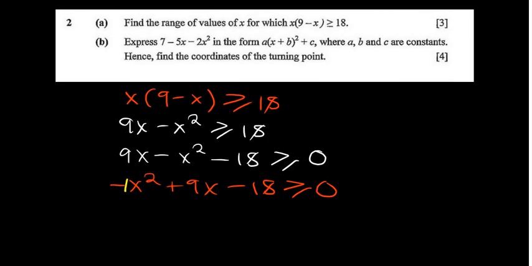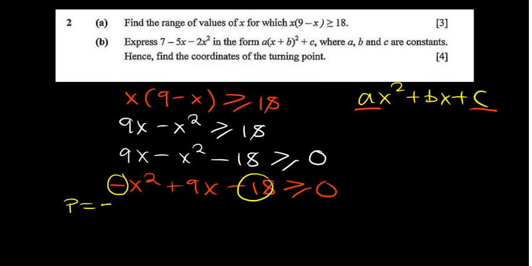Look at the coefficient of x squared every time, and then look at the constant c. We know a quadratic function is in the form ax squared plus bx plus c. So the product is a multiplied by c. A is the coefficient of x squared, in this case negative 1. So the product is negative 1 times negative 18, which gives us positive 18.